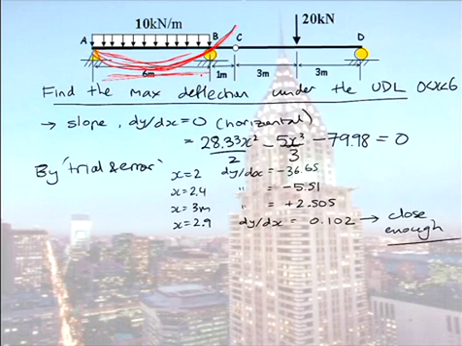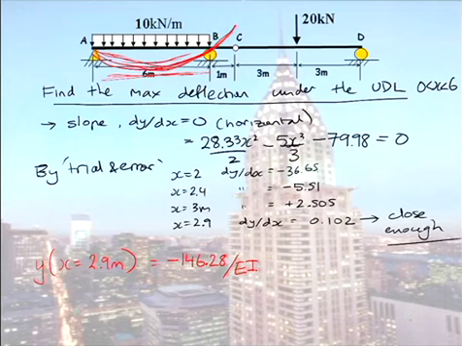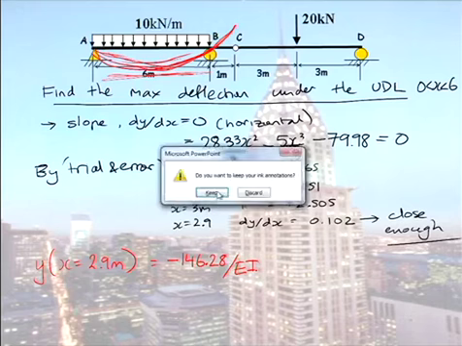So plugging in that value now, if we now plug in the y value when x is equal to 2.9 metres, that gives us a value, this time of minus. Minus meaning it's deflecting downwards. Okay, now I'm just going to get myself an extra overhead here.